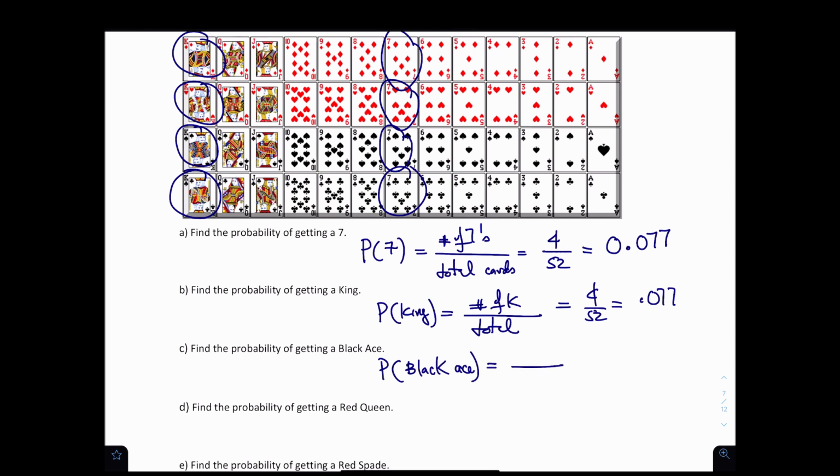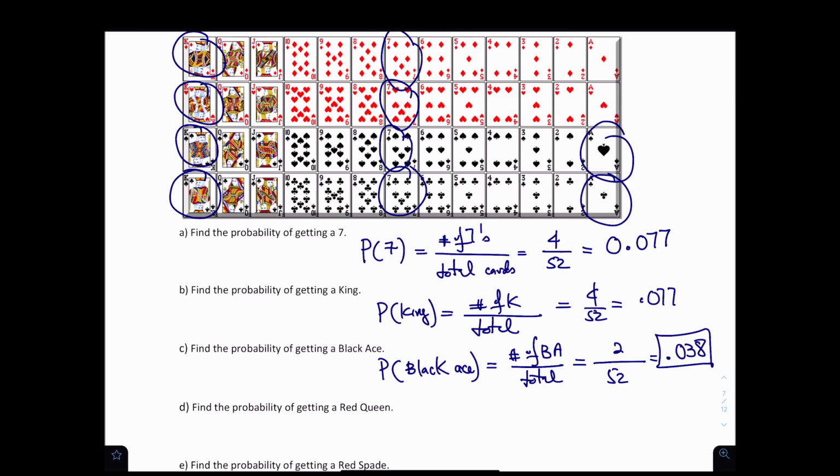Again, number of black aces divided by the total number of cards. The denominator is 52. Number of black aces is 2 of them. So the answer is 2 out of 52. And if I round it to 3 decimal places, I get 0.038. And that will be my answer.